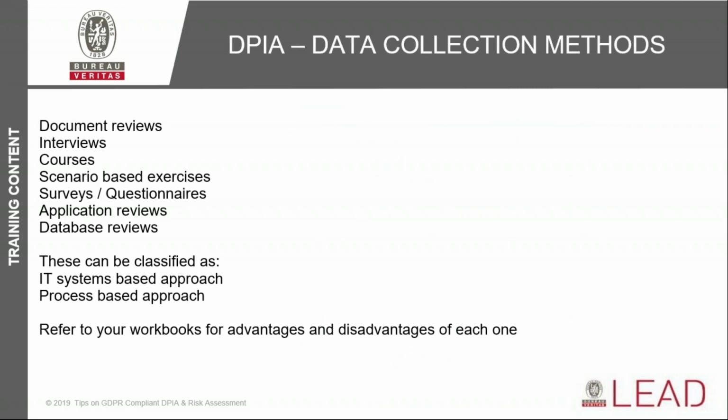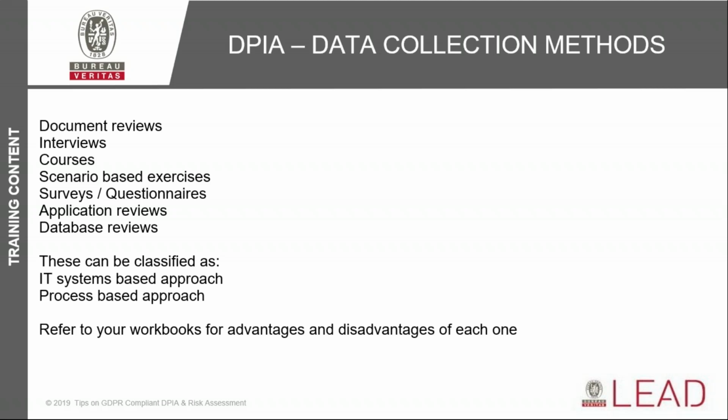And there are some other ways of data collection. You can review documents, you can do interviews, you can carry out some test exercises, you review the applications, the interfaces, you look at the databases, and so forth.